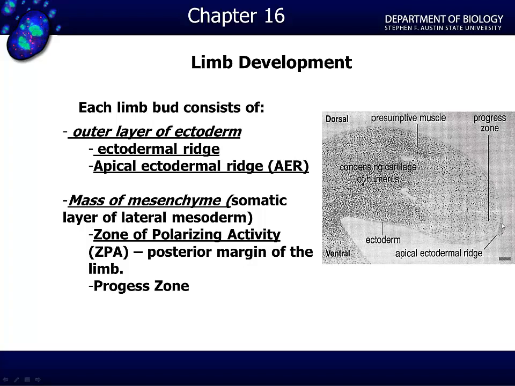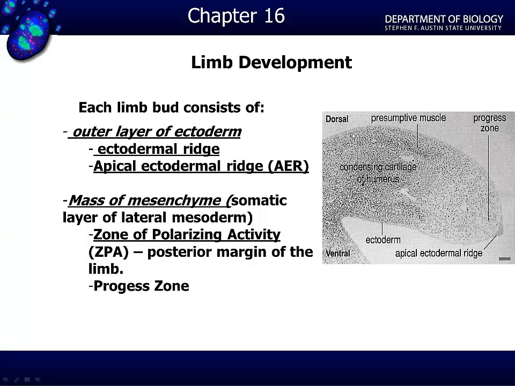And then at the very tip, this is going to be the most exaggerated of our ectodermal ridge, and since this is the most distal, this is referred to as the apical ectodermal ridge, or we abbreviate that often AER. Now, this is going to be an important organizing and inductive center, and we'll spend a lot of time looking at it and the materials and the chemicals that are produced.